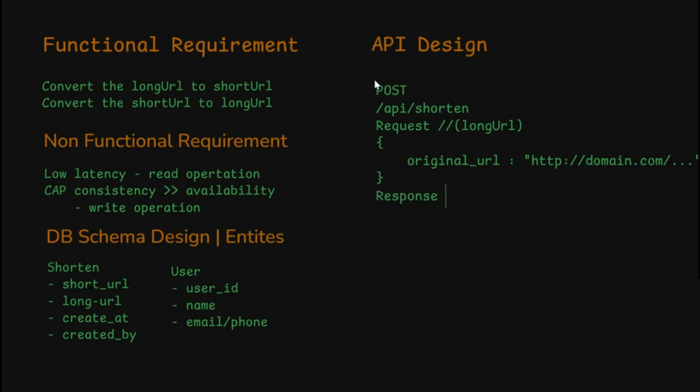The response of this API would be the short URL. Ultimately we need the short URL from here. So the JSON response would be the short URL, and this response can have something like http colon double slash with our domain name, shorten URL.